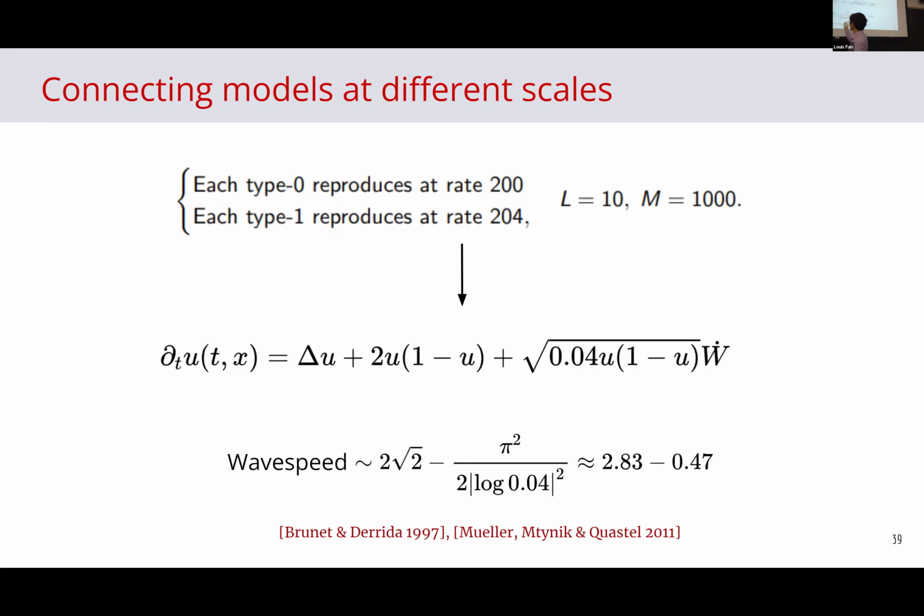This is the first order correction given by this result. Numerically, they are pretty accurate. We can see in the simulation before that the red curve is ahead. The biased voter model is a little slower than the red curve, and this is the slowdown.